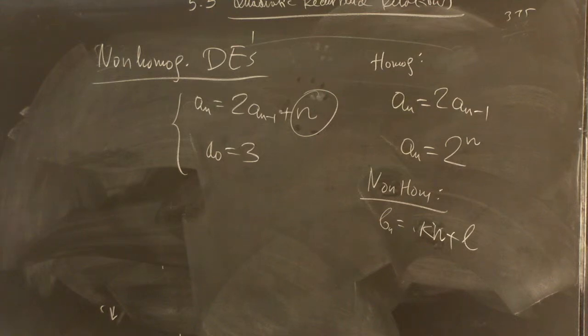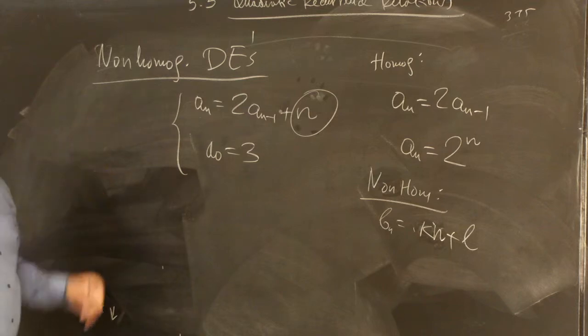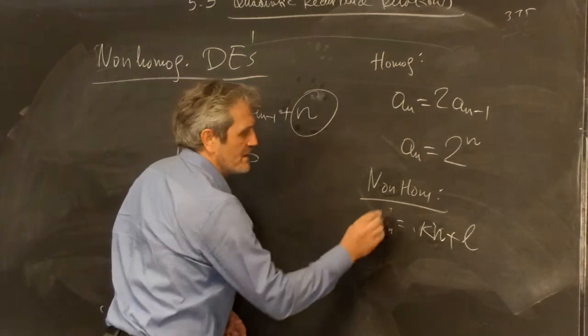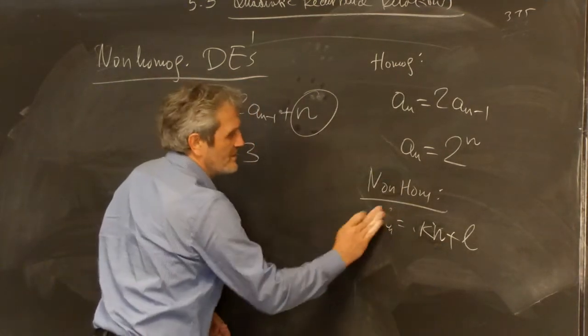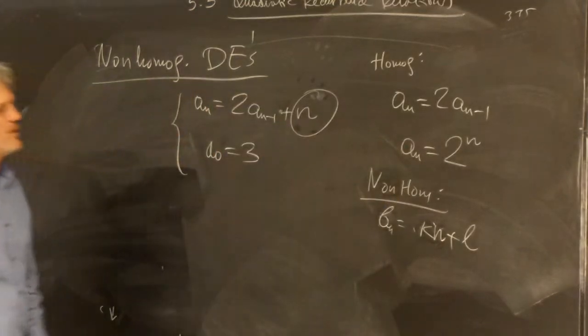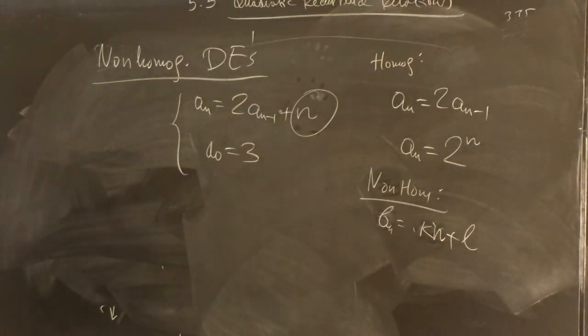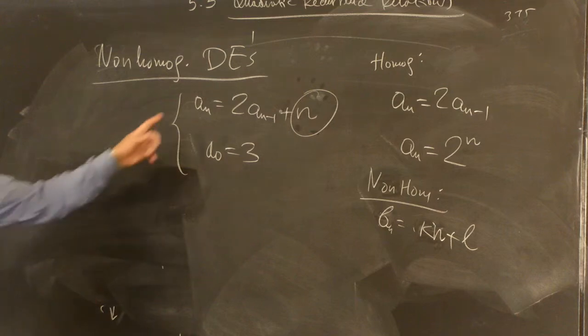If I'm not lucky, we'll try something else. So what happens? Let me plug it into the equation. Let me call it B_n, because this one is called a_n. So that's my lucky attempt, and I'll plug it in.